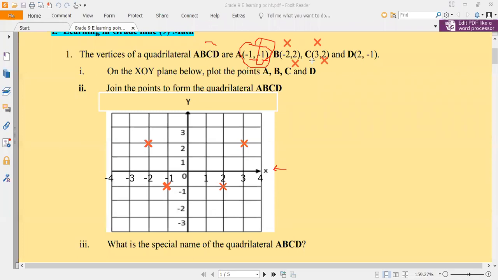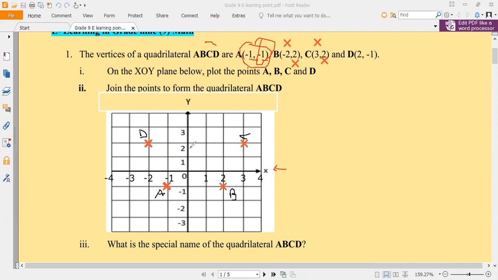So that's what we're told, just to plot. Now it's important that we indicate the letters: this is A, and then this one is B, then this one, where both are positive, is C, and then that one is D. Yeah, that's what the instructions are saying.